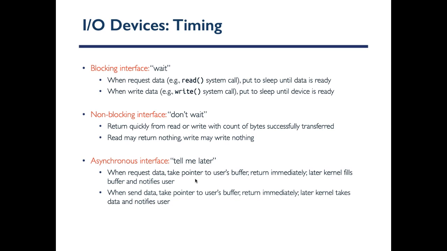With the non-blocking interface, you basically check at that moment if you have the data, you successfully read or write it, and everything is done. And if not, then you just get an error message, or your function returns. Either you yourself try again, or you just move on. So that's basically the difference.